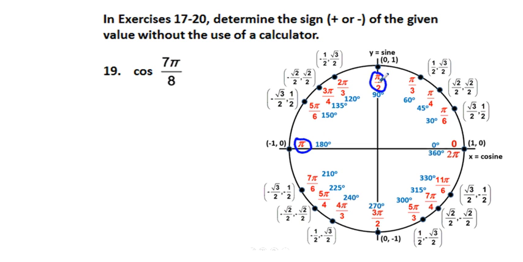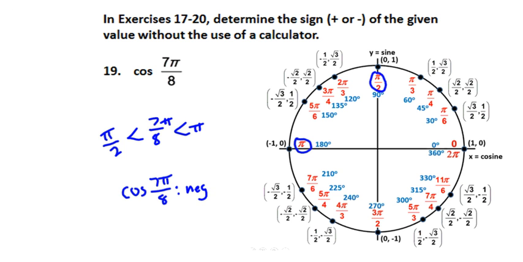Since 7 pi over 8 has to be smaller than pi, yet bigger than pi over 2, we know that the cosine has to be negative in this quadrant. So we could say cosine of 7 pi over 8 is negative.